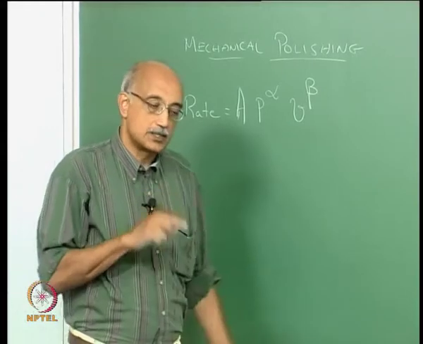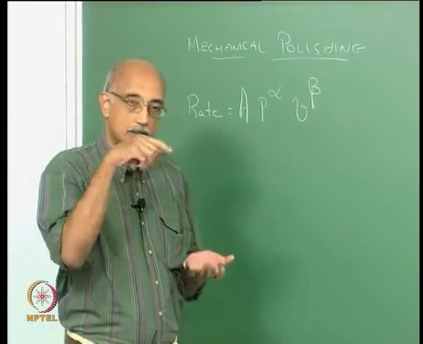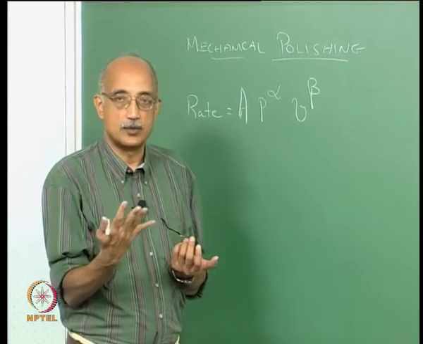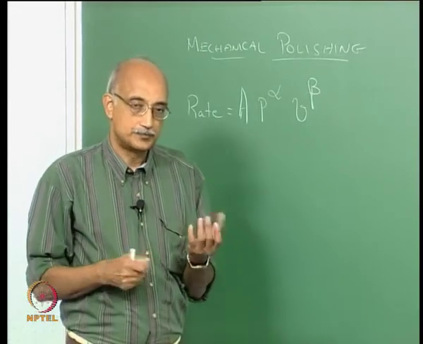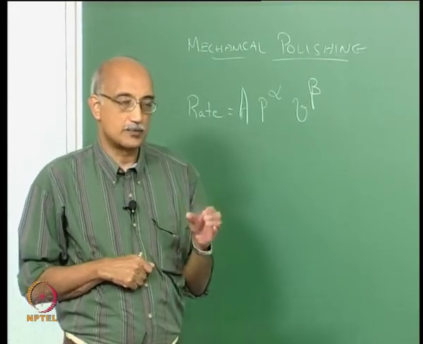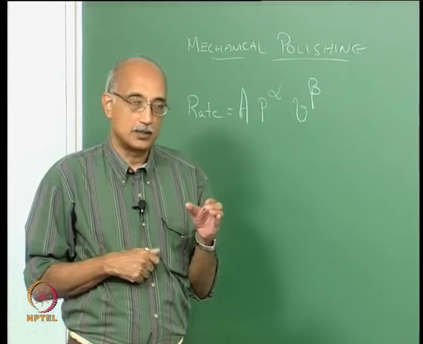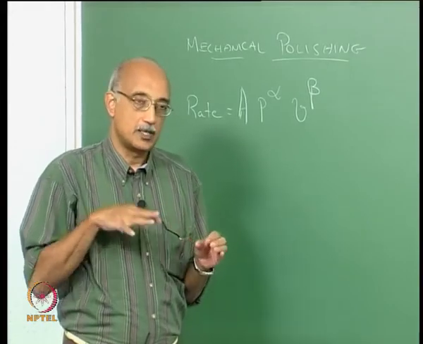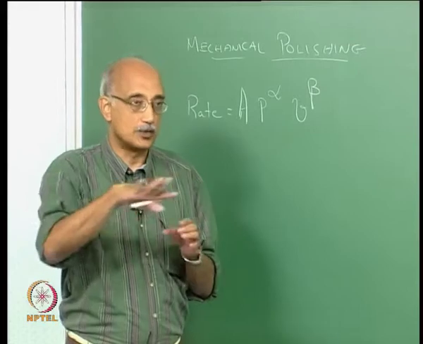V is the relative velocity between the polishing media and the surface that is being polished. So, for example, the surface that is being polished may be held stationary and the media may be applied to the surface in a circular motion.